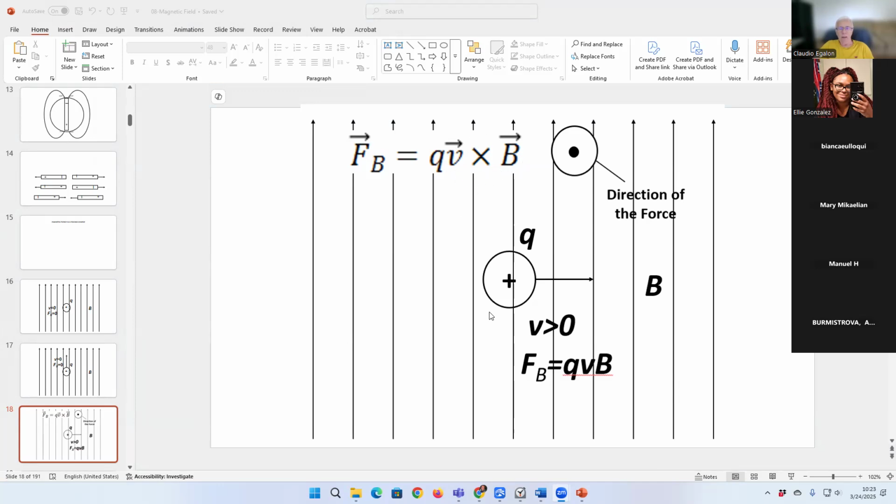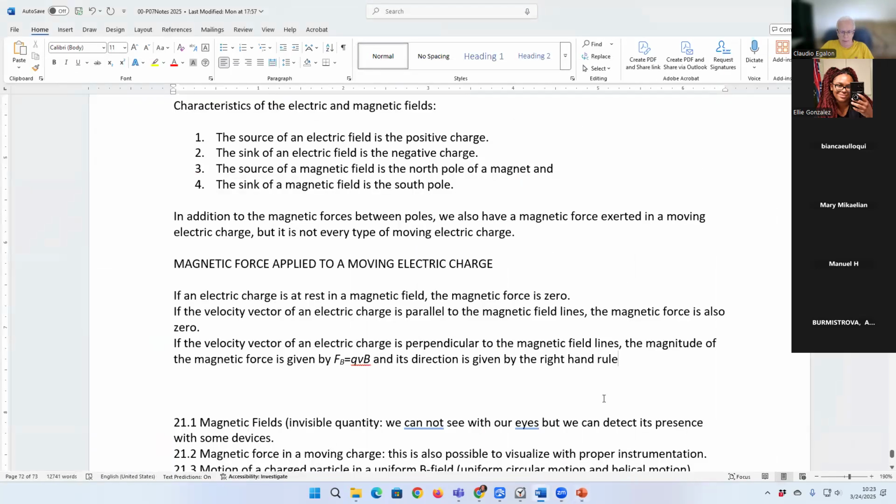This is the vectorial multiplication sign. V towards B. And the direction of the thumb indicates the direction of the force, okay? The right hand rule, okay?